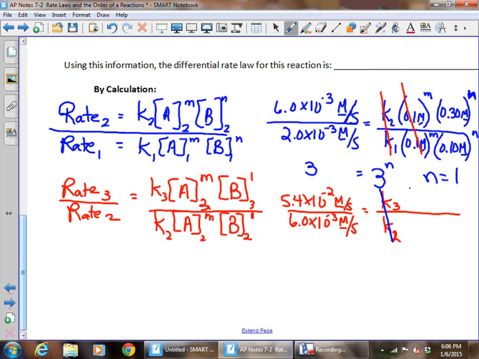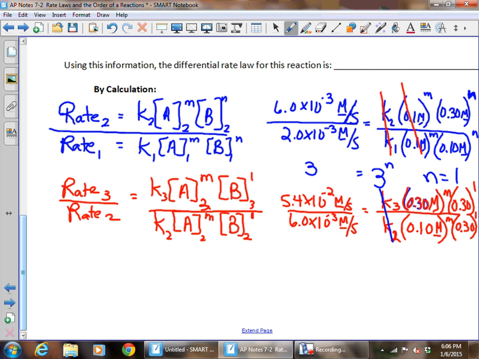And now we have 0.30, whoops, wrong color. And we know that B is 0.30 raised to the first. This one is 0.10 molar and 0.30 raised to the first.